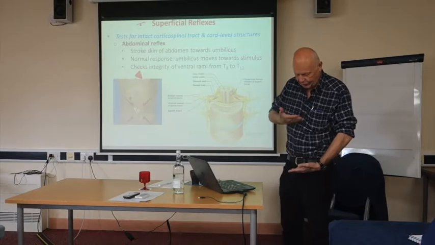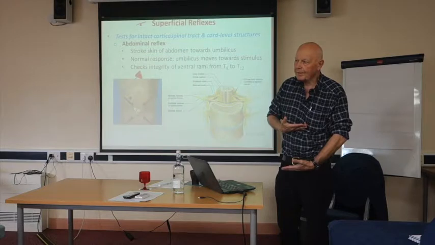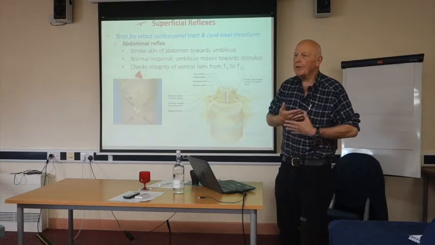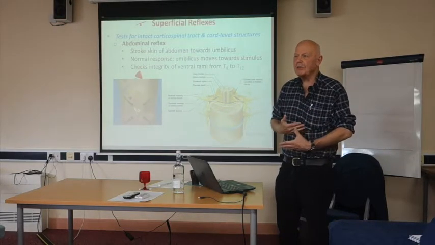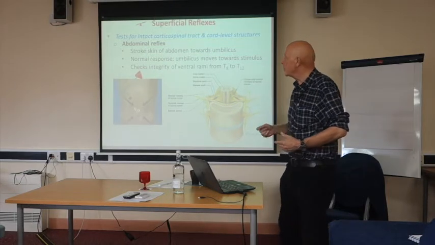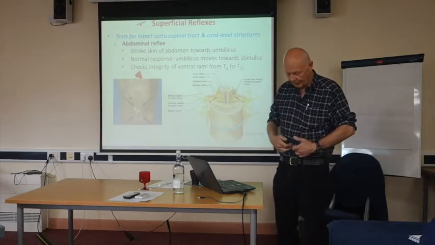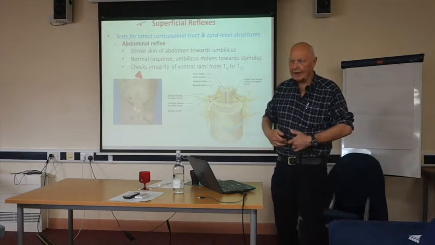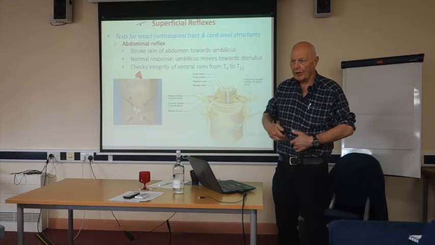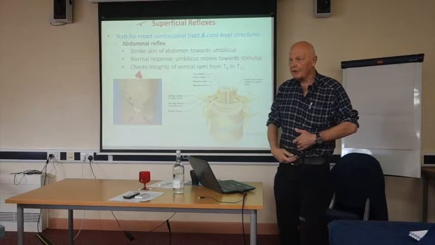But you get this sort of area between T8 and L3 that we don't really have much in the way of reflexes or tests to do for. So you can use those ones to get a sense of the integrity of, if the umbilicus is T10, then 8 and 9 going upwards is that area, and then 11 and 12 are down there.